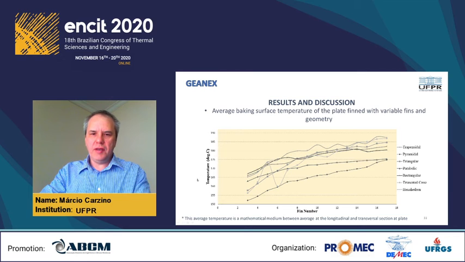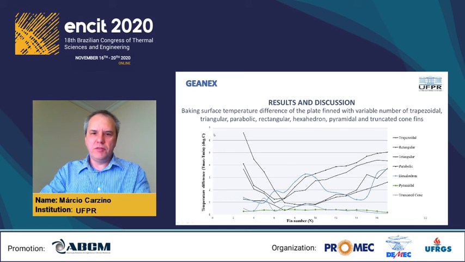The graphic in this slide shows the average temperature increasing with the number of fins for all geometries. The difference between higher and lower temperature appears in a graphic showing the better results for pyramidal and truncated cone.